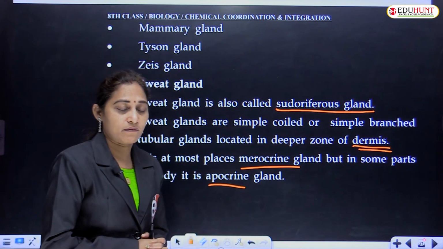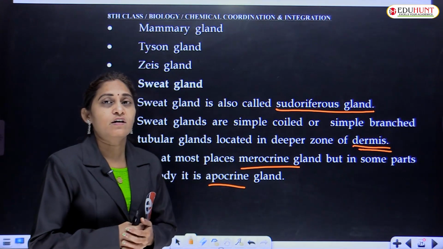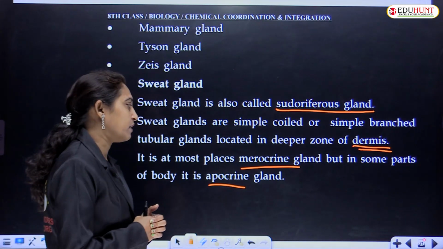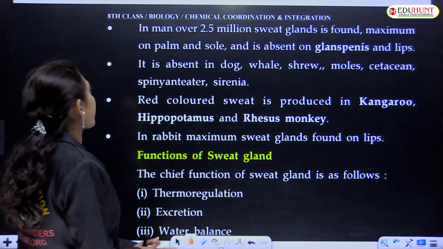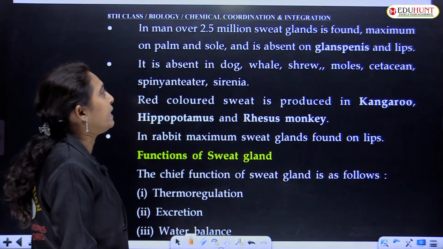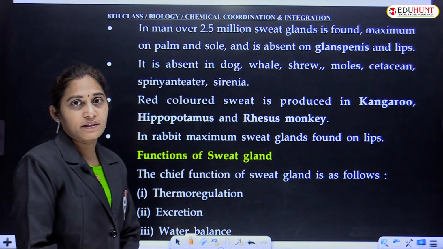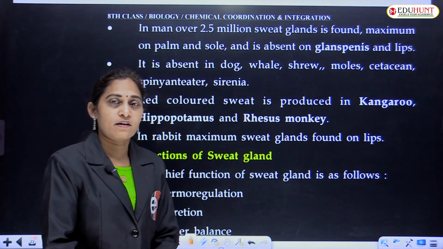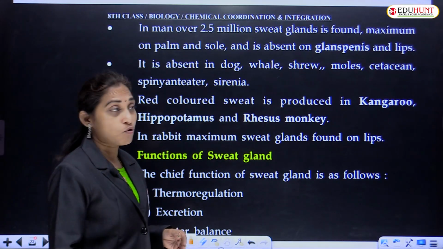Merocrine and apocrine are related to the secretion of chemical compounds synthesized in these glands. Over 2.5 million sweat glands are found in man. Maximum sweat glands are present on the palm and sole.